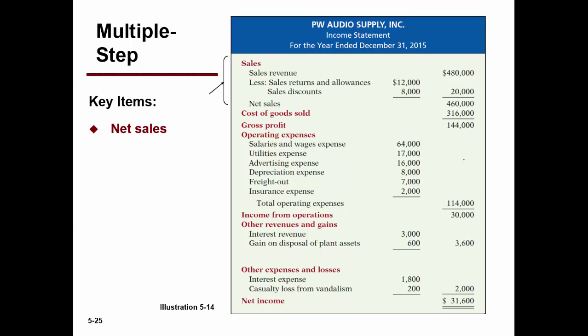Okay. Now, we also have in here a gain on the disposal of a plant asset. Do you see that? Now, what's going on with that? Let's say I purchase an asset for $100,000.